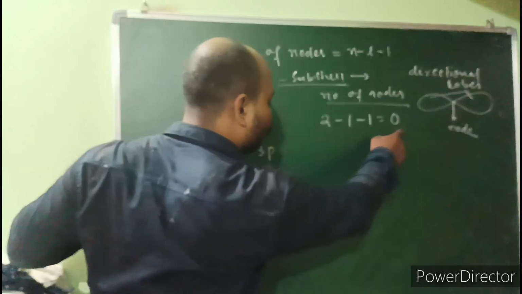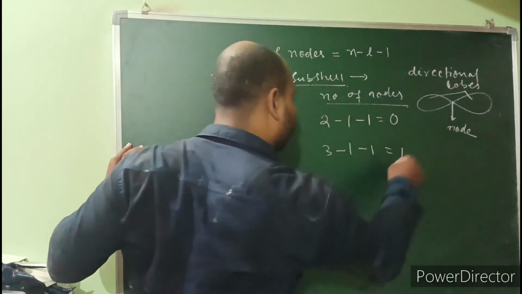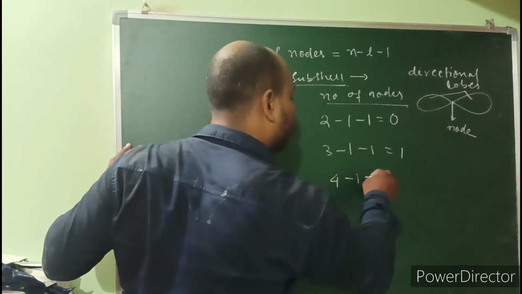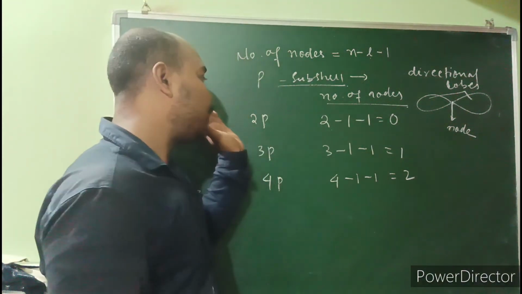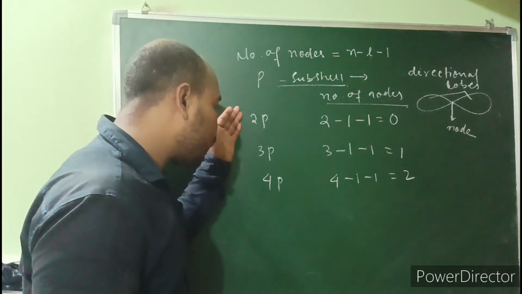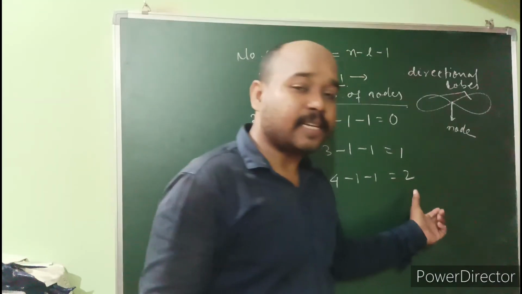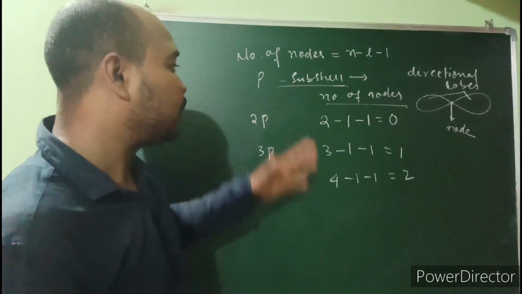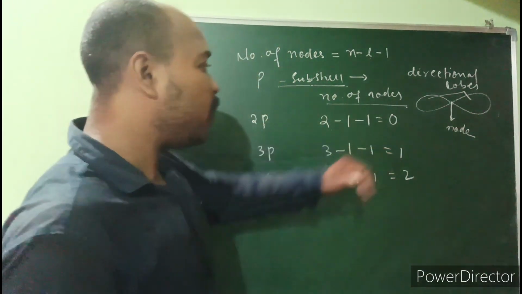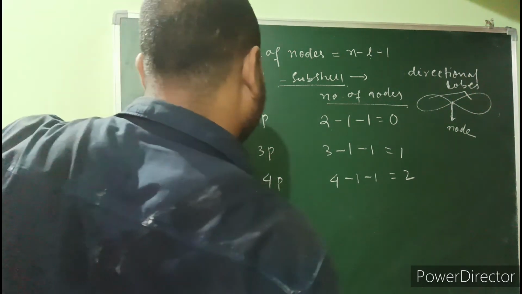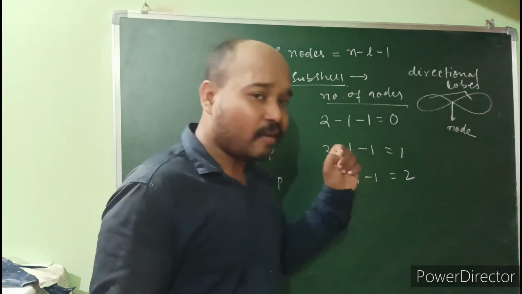For 2p there is no node. For 3p, it becomes 1. For 4p, it is 2. So again, as we go from 2p to 4p, the number of nodes increases, which means uniformity decreases. This is the shape of a 2p or P subshell. Similarly, we can determine the number of nodes for d orbitals and f orbitals.